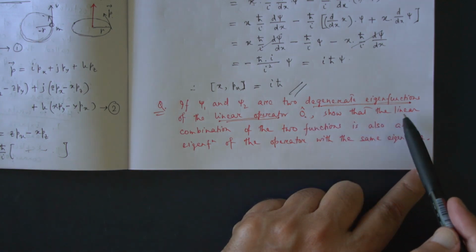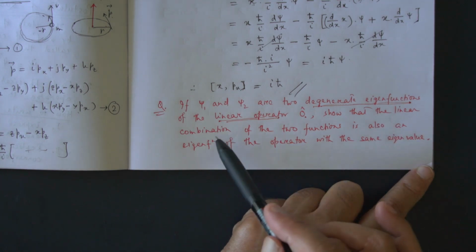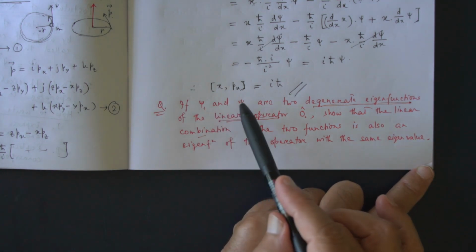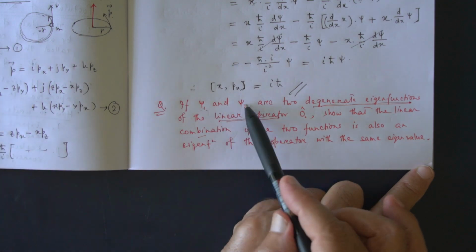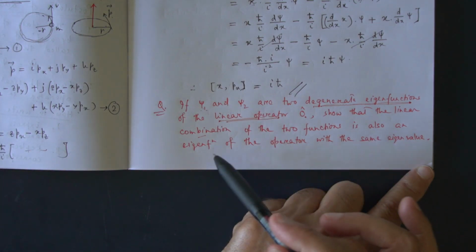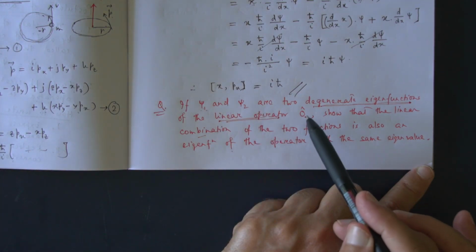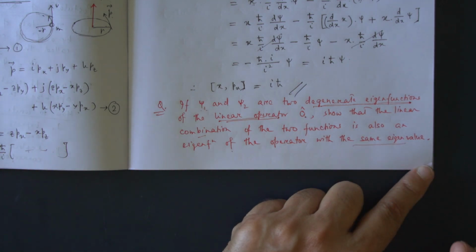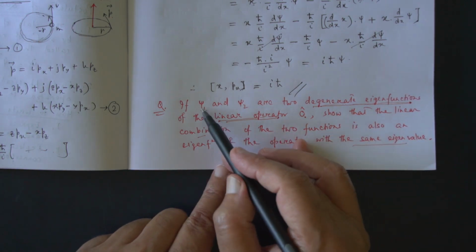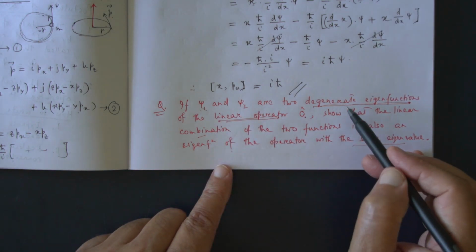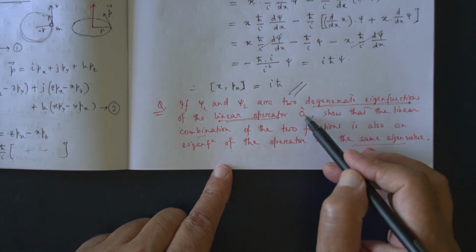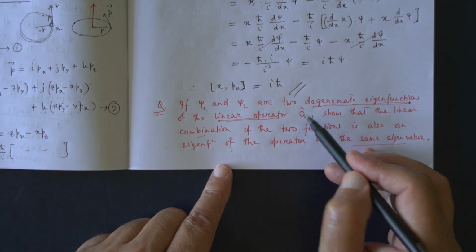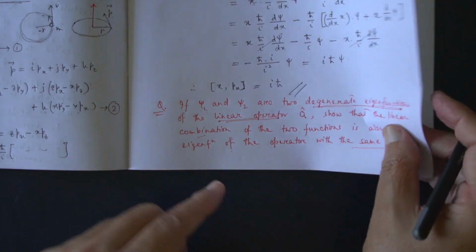Then show that the linear combination of the two functions is also an eigenfunction of the same operator, having the same eigenvalue. We have to prove this. Now, first condition is that these are the two eigenfunctions of this operator, so I can write the eigenvalue equation.